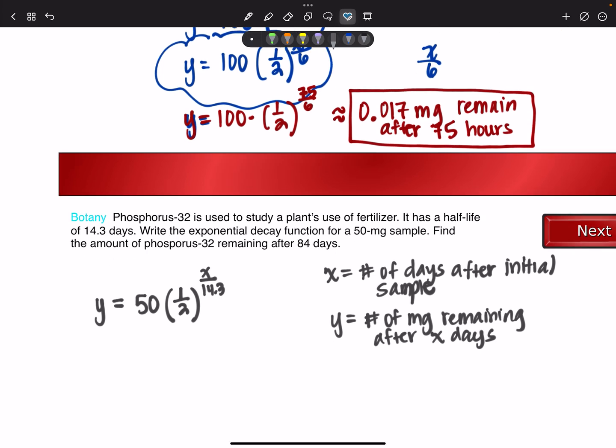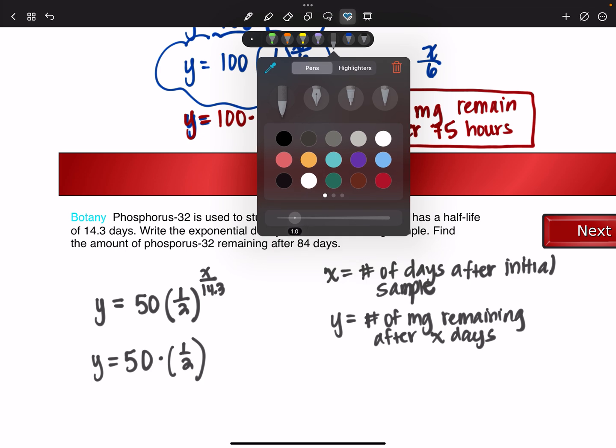So if we want to find after 84 days, we're going to be able to put that 84 in. We get 50 times 1/2 raised to the 84 divided by 14.3 power. Let's write this a little bit more clearly.